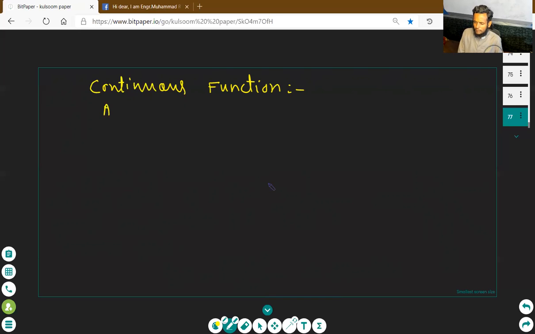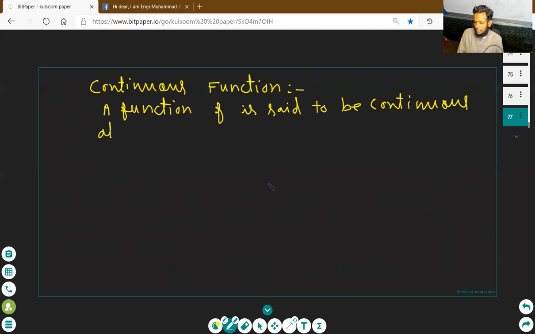We will check the continuity at any point, okay? A function f is said to be continuous at any point c. We are taking point c, okay?